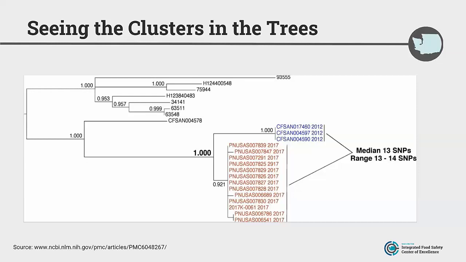Based on the shape of the tree, the time difference, and not finding any epidemiologic link between this cluster and the food produced at that facility, it was determined that these were not likely to be causally linked.